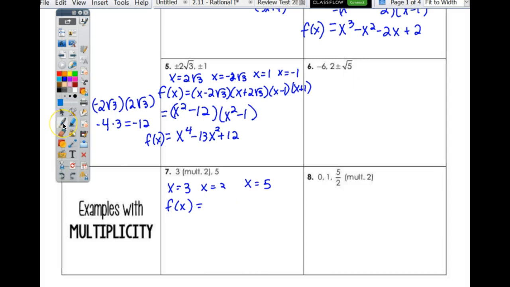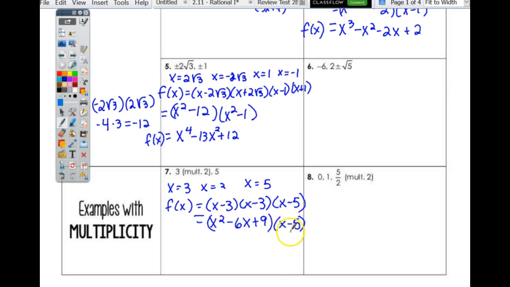There we go. So when I multiply, x times x gives me x squared. Then minus 3 is minus 6x. And negative 3 times negative 3 is plus 9.